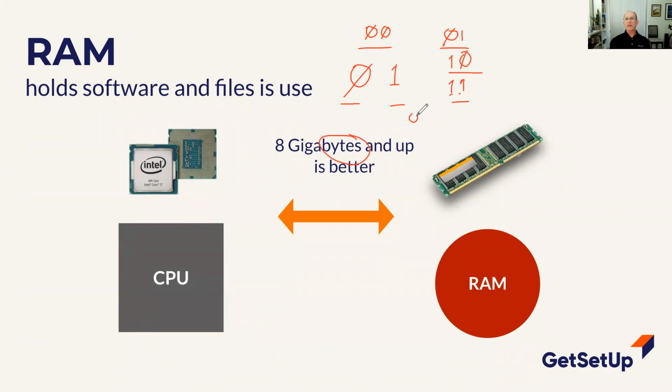A byte is 8 spaces of information. If you have a byte, there's 4, 8, and I can make these either zeros or ones, and I can have a lot of different combinations because I have 8 places. And a gigabyte is 1,000,000 of these.